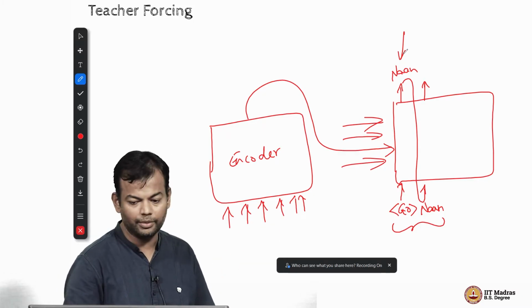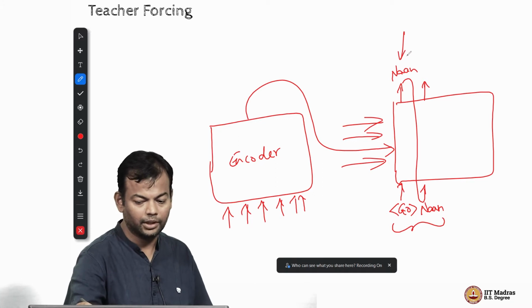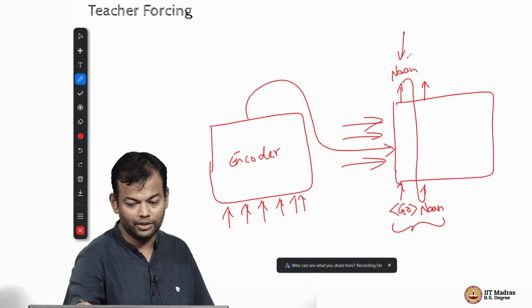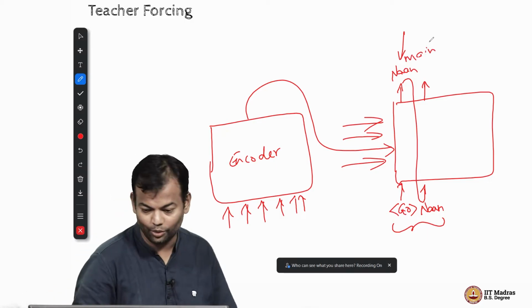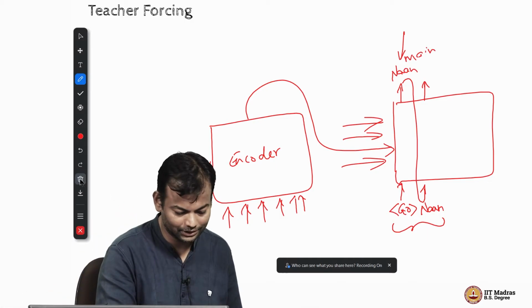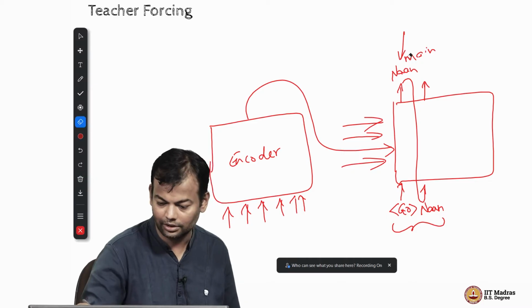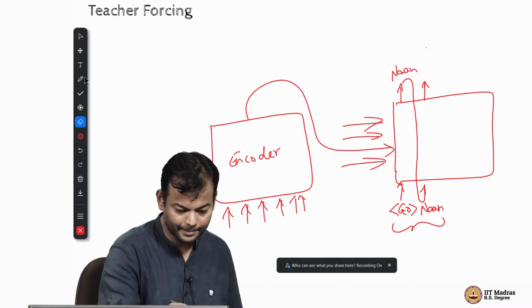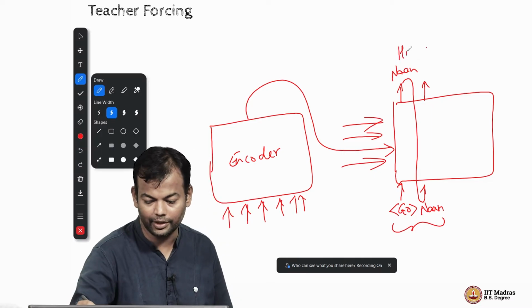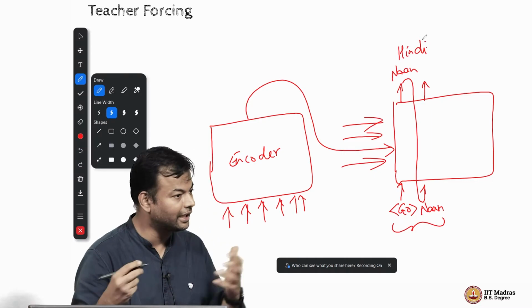So what will happen? Now suppose it predicts, say, I don't know many Tamil words, but I'll just switch to Hindi maybe. Let's say it just predicts the word Hindi, okay, the word Hindi itself.